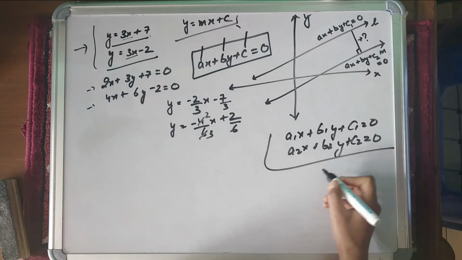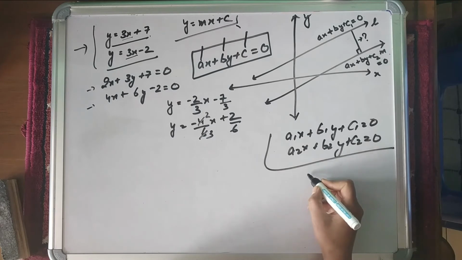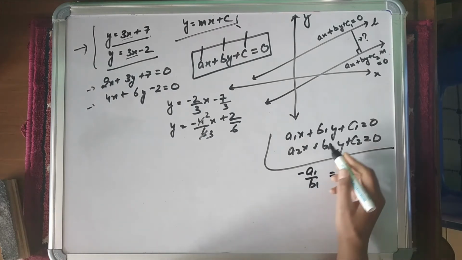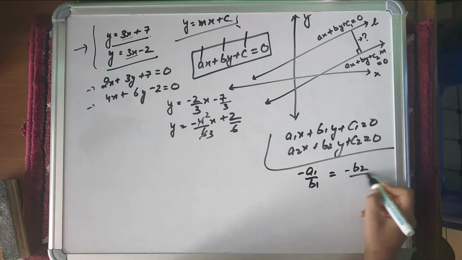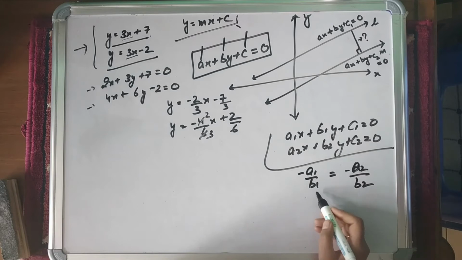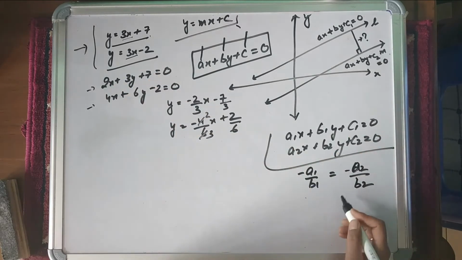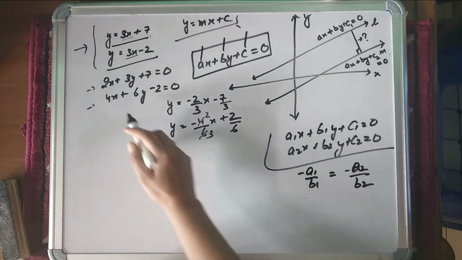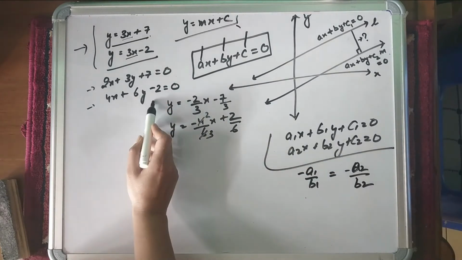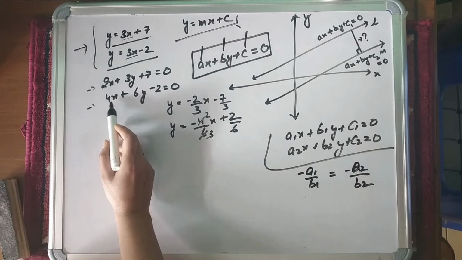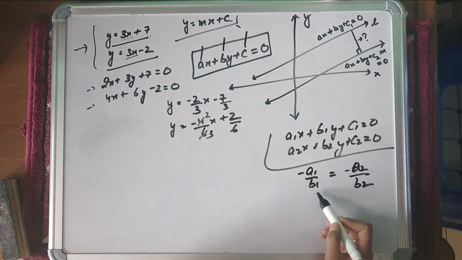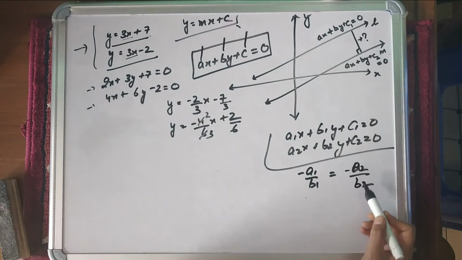From there you get that for the lines to be parallel, minus a1 over b1 should be equal to minus a2 over b2, because these are the slopes of the two lines in y = mx + c format. That means if the lines are given in this format, to find out whether they are parallel or not, minus a1 over b1 should equal minus a2 over b2.